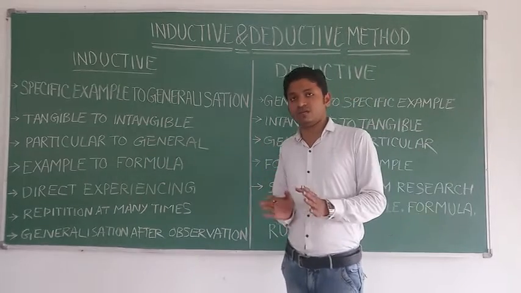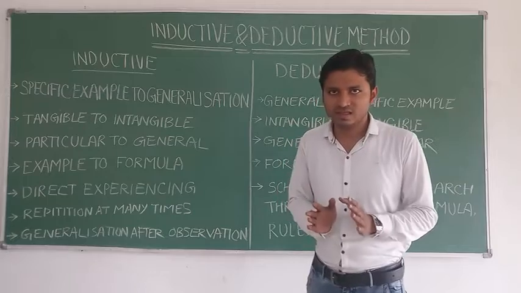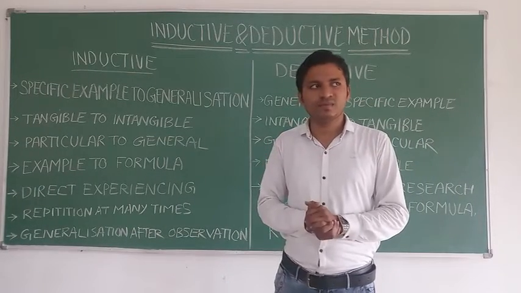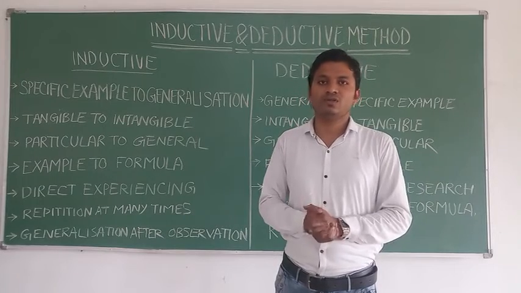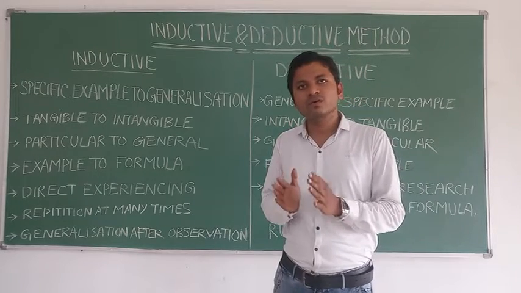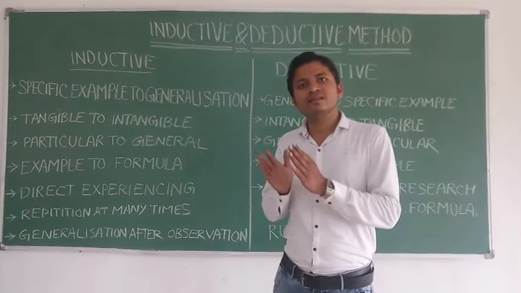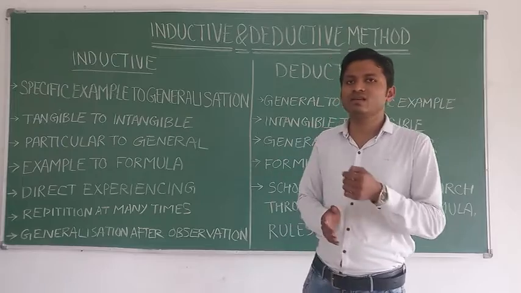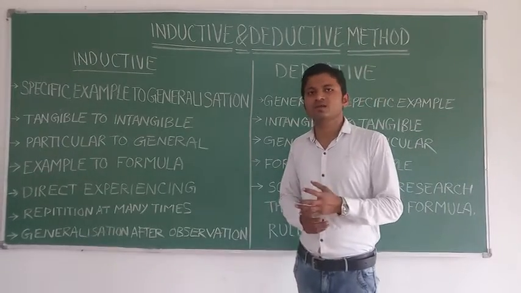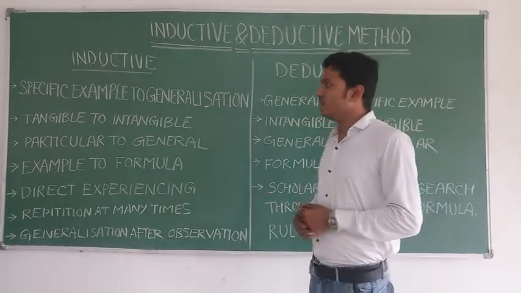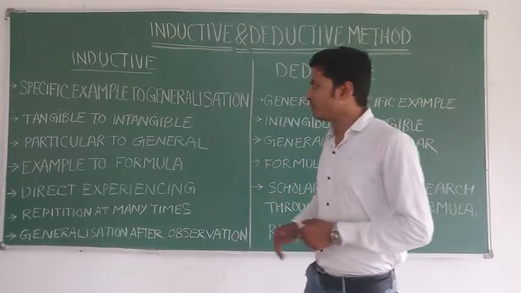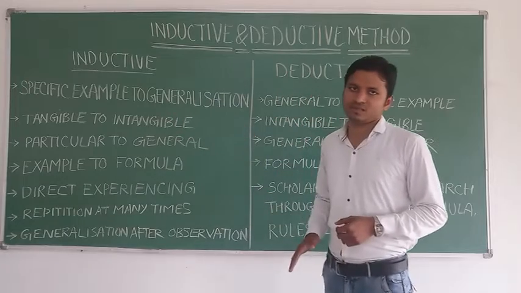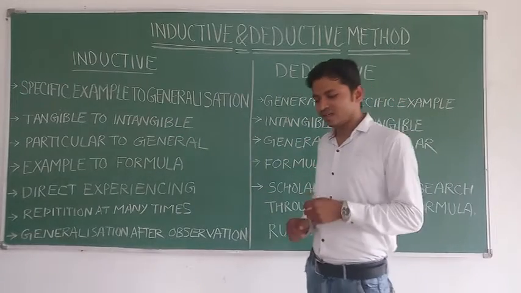If you can observe it with your five senses, it is tangible, and if you cannot, it is intangible. That is the clear-cut difference between tangible and intangible. So, in the inductive method, we go from tangible things to intangible things.